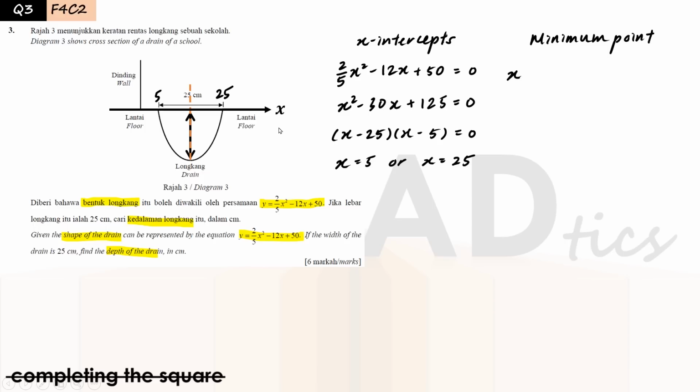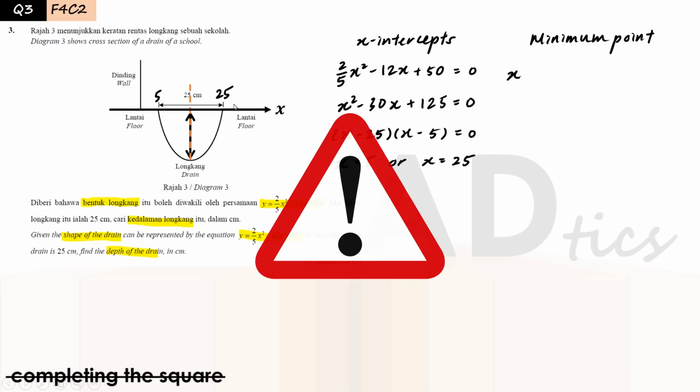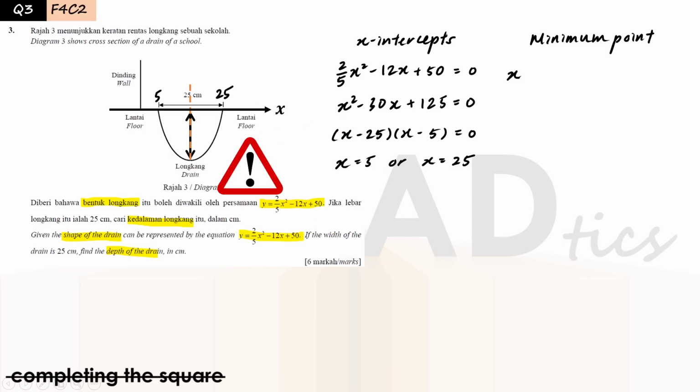Alright, now if you see, there is something a little bit weird in this diagram, because the difference of 25 and 5 is 20. It is less than the width given here, which is 25 cm.